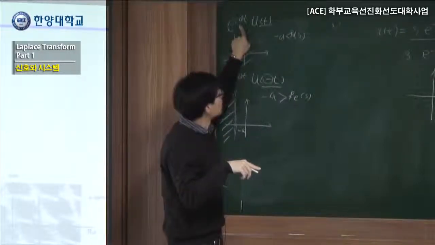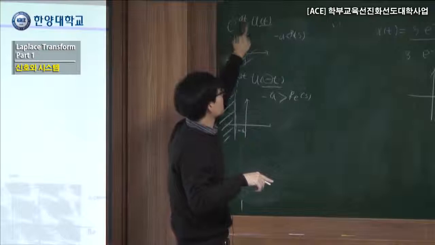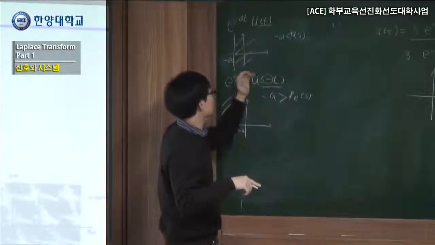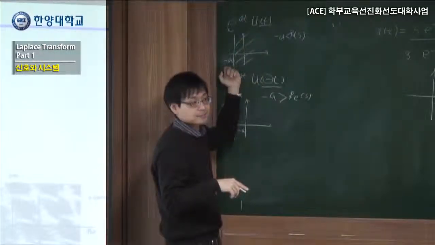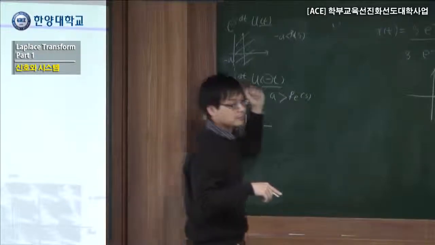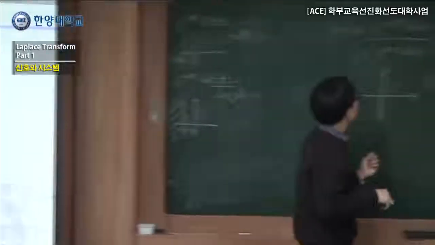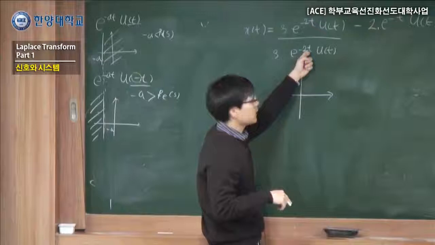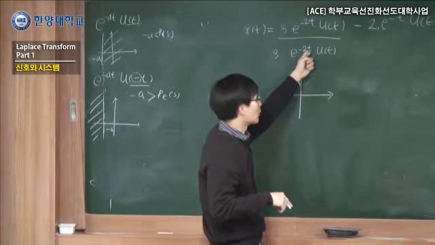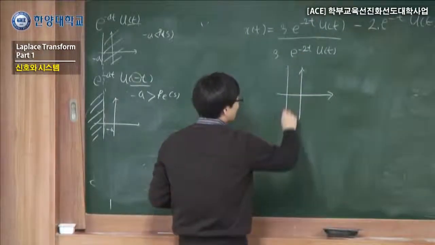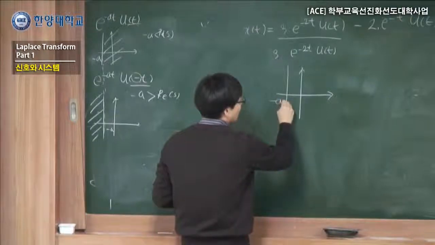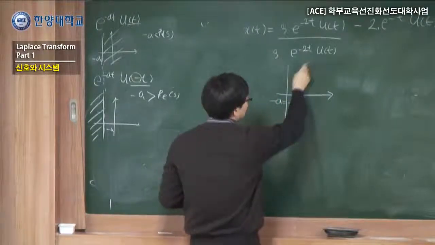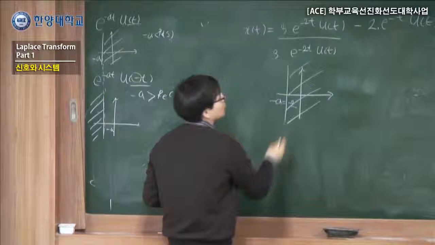So, once again, for the e^(-at)u(t) case, we have region of convergence larger than minus a. From this intuition, a is 2 over here. So we intuitively say minus a, which is minus 2, the real part is larger than minus 2.